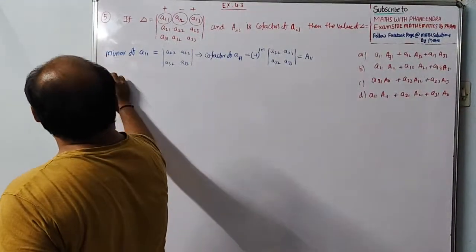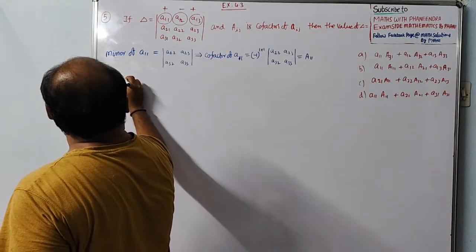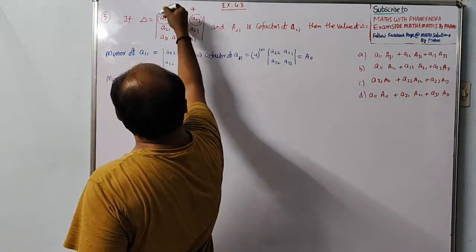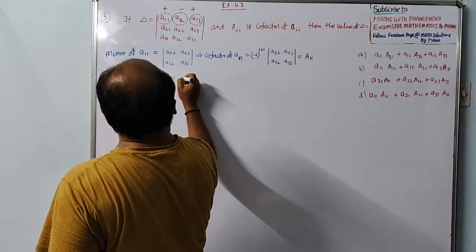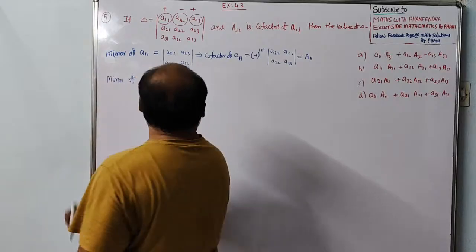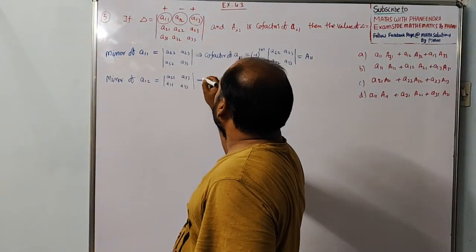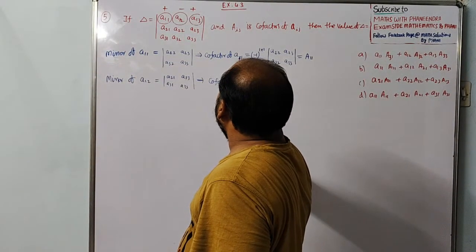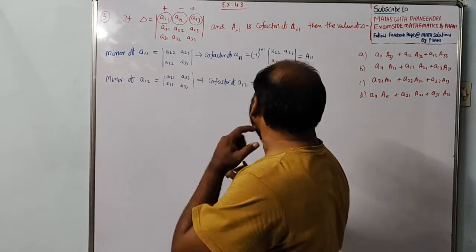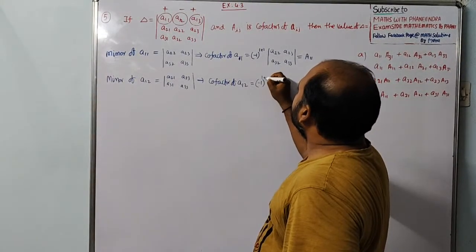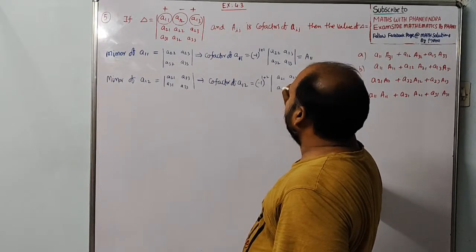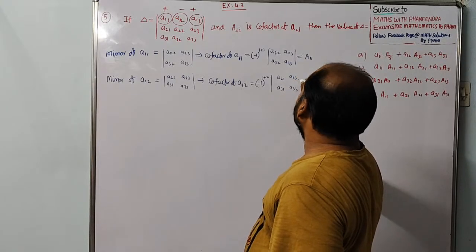Next, minor of A12. A12 means eliminating this row and this column: A21, A23, A31, A33. So cofactor of A12 is minus 1 whole power 1 plus 2, A21, A23, A31, A33.